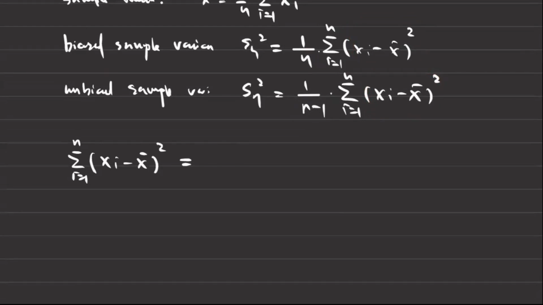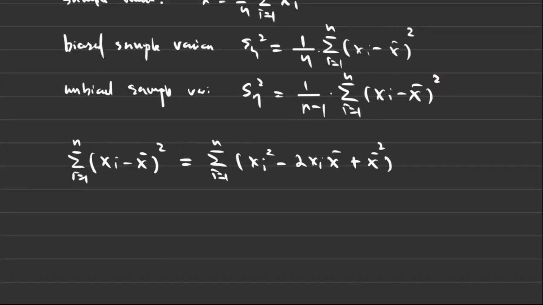So how to make this easier? Let's first expand the full square. So you have summation i from 1 to n of xi squared minus 2 xi x bar plus x bar squared.